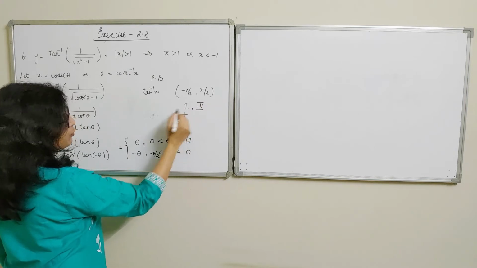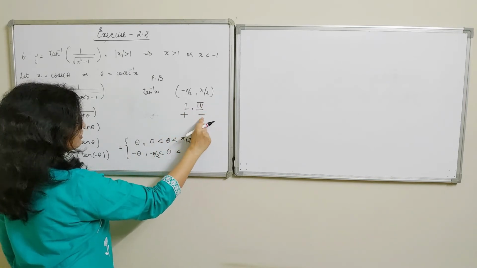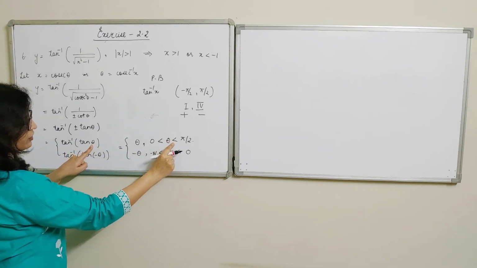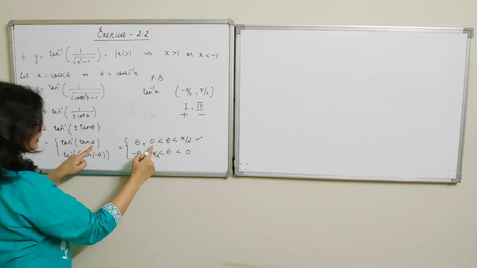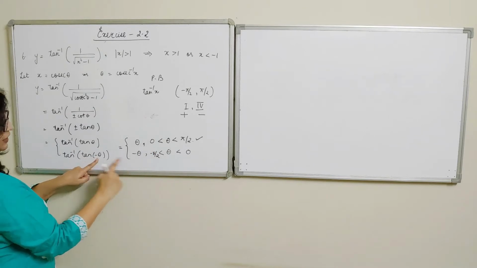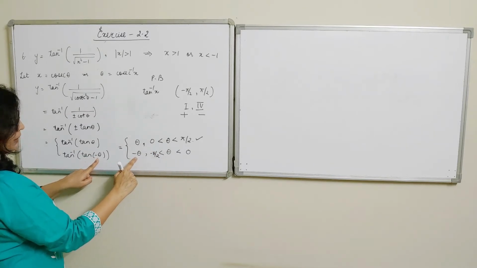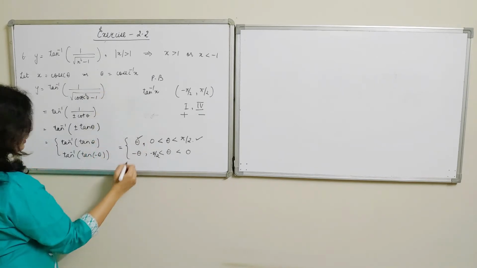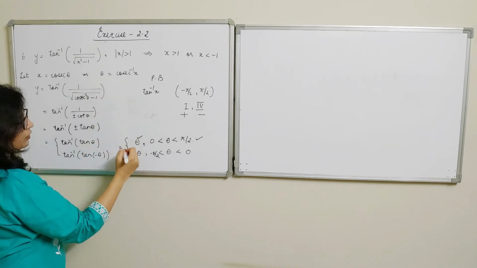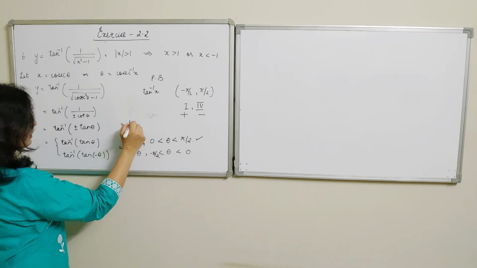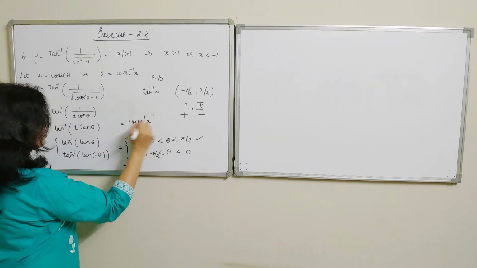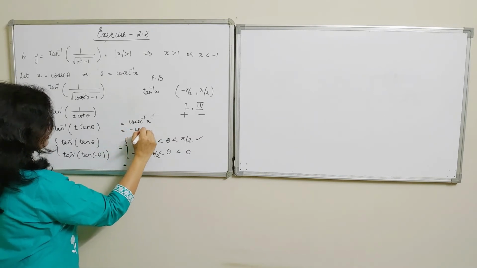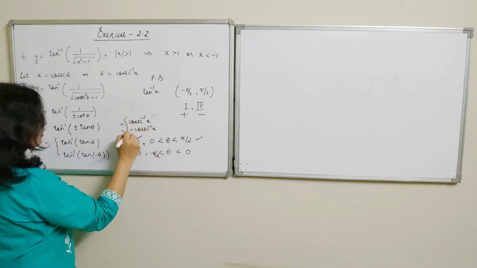We know the angle will be positive in the first quadrant and negative in the fourth quadrant. So here, if the angle is positive, we know it has to be in the first quadrant, so we have defined the angle like this. And here the angle is negative, that means it has to be minus theta. So here, replacing what is theta? Theta is cosec inverse x. So rewriting the result here, theta is cosec inverse x, and here it is minus cosec inverse x.